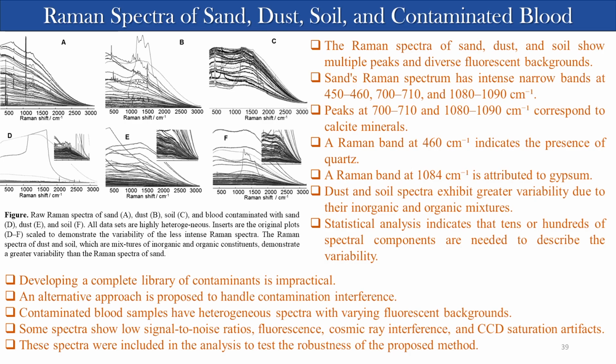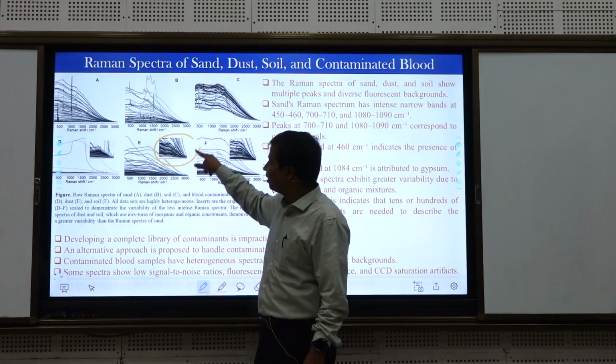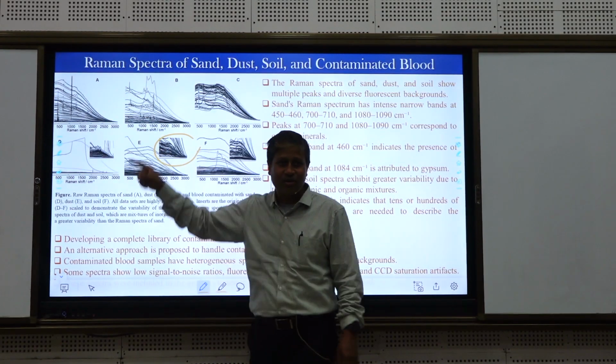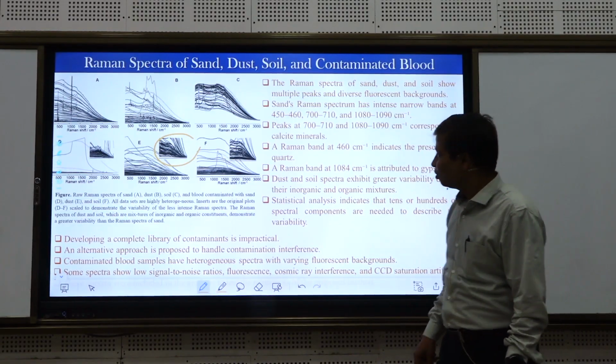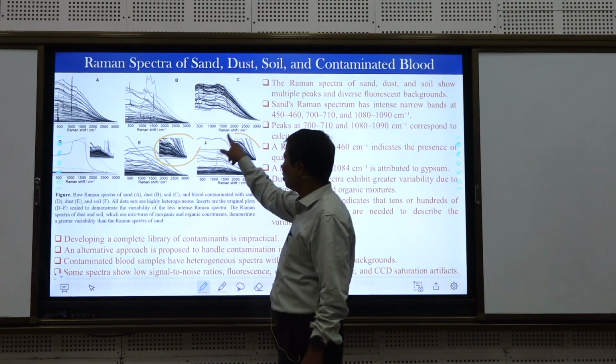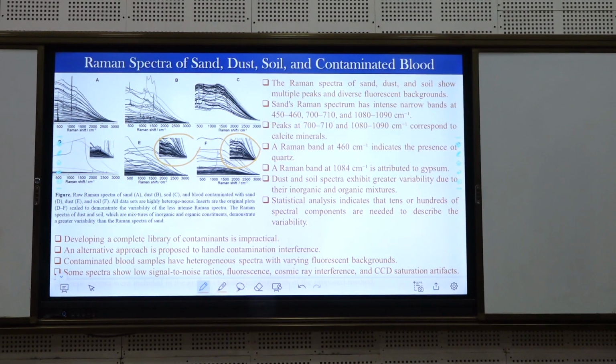Can you imagine? That means so much time they are spending, so many samples they are recording. Each line is one sample. So these conclusions are out of a lot of hard work.